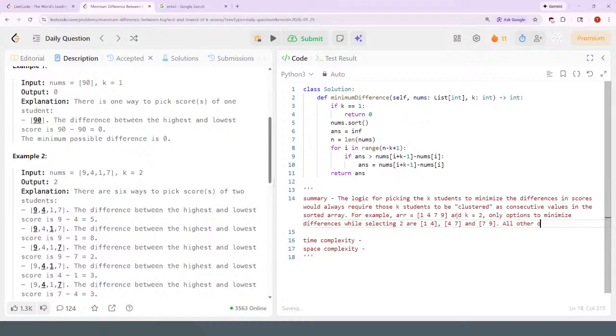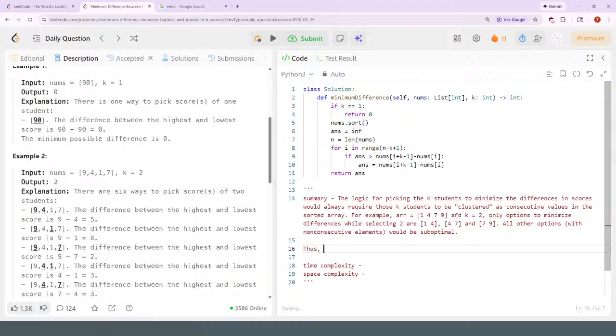All other options with non-consecutive elements would be suboptimal.